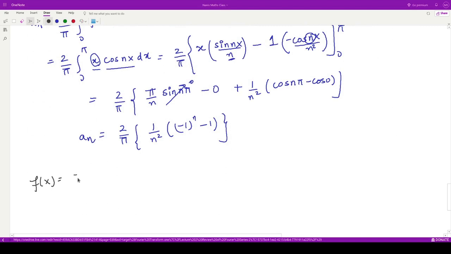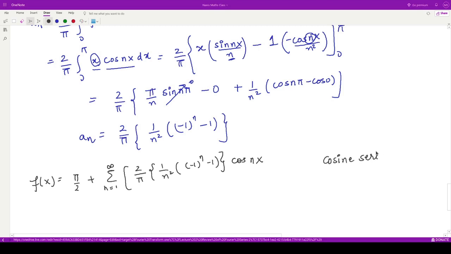So it would be pi by 2 plus summation n varies from 1 to infinity of a n, which is 2 upon pi times 1 upon n square into minus 1 raised to power n minus 1, into cos nx. So this is our half range cosine series. You can expand this series and write the infinite terms.